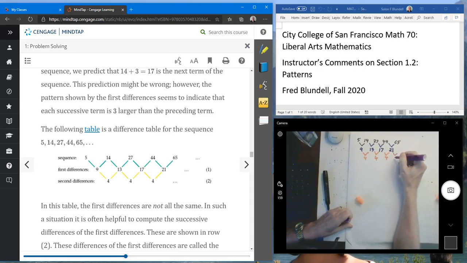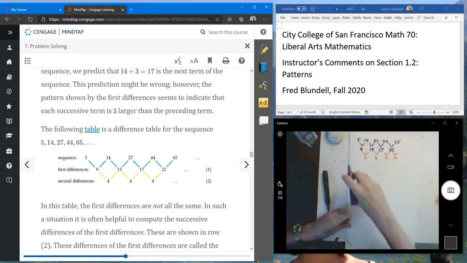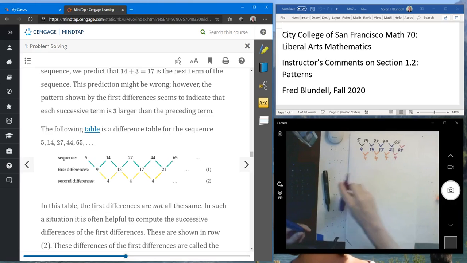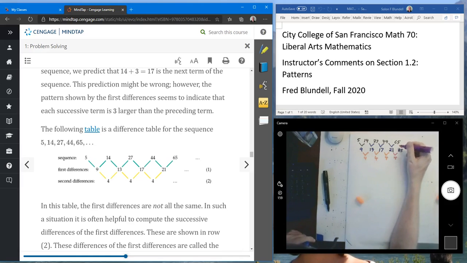I just predict, okay, it's going to be 4 on the third row, and then on the second row, okay, that's going to be 25, and then our next number in the sequence, we think that's going to be 65 plus 25 is 90. So we think we've got the pattern.